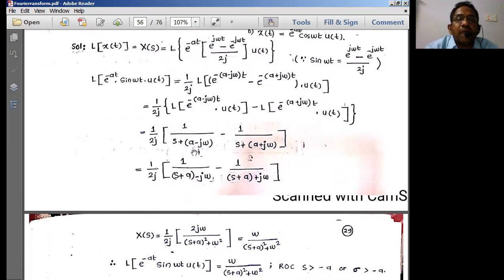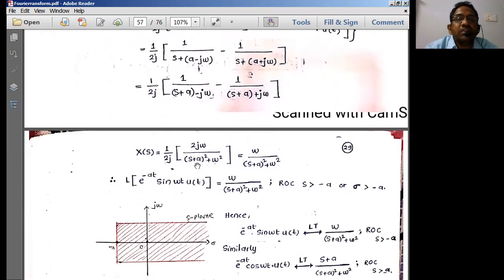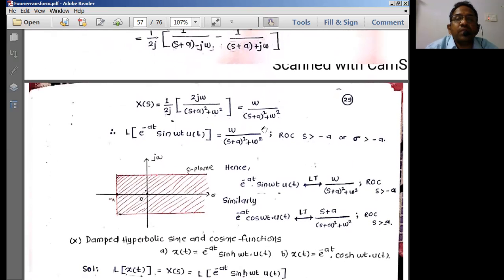Therefore, in the Laplace transform directly, I'm writing this equation as 1 by, just as we got previously, s plus a minus j omega. And here also minus, so s plus a plus j omega. So this is the equation I have. By solving this equation, I'll be getting omega by s plus a whole square plus omega square.